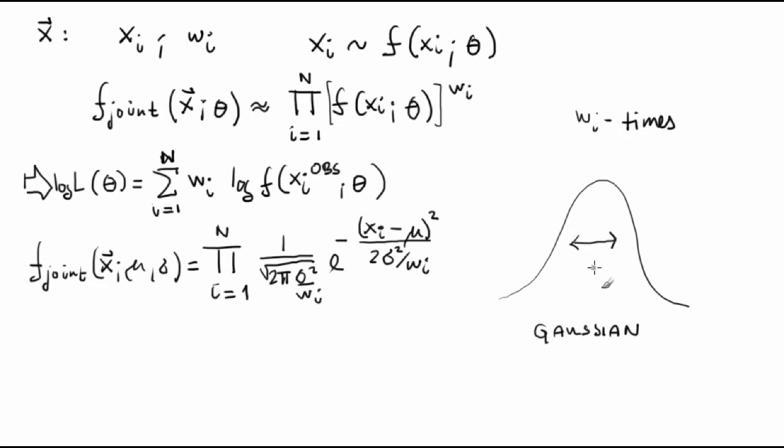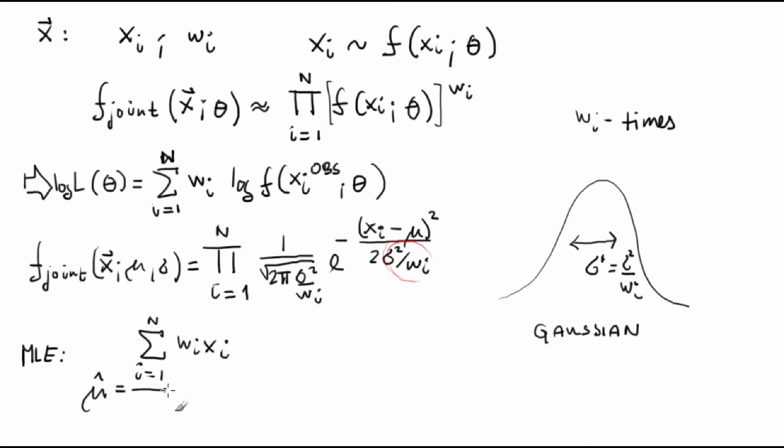Effectively, each term in the product is again a Gaussian function with sigma prime squared equal to sigma squared over w_i. Then the maximum likelihood estimator of the mean value is a weighted average. Mu hat equals the sum for i going from 1 to n of w_i times x_i over the sum of weights w_k.